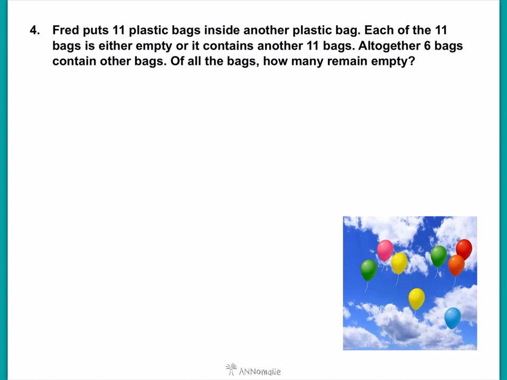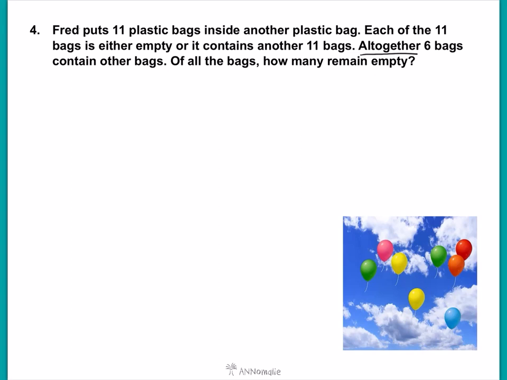So we know that there's 11 plastic bags inside another plastic bag. Each of the 11 bags is either empty or it contains another 11 bags. Altogether, that's the magic word here, 6 bags contain other bags.